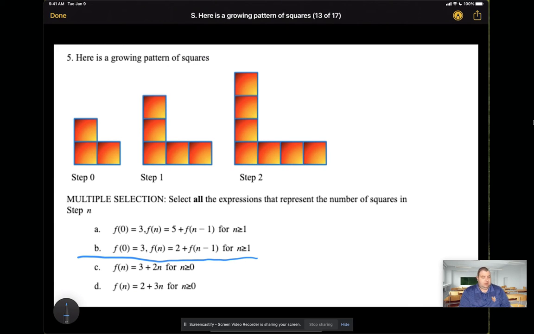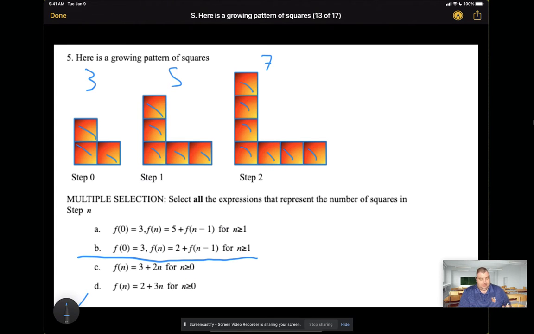So if I look at the numbers here, it looks like I start off with 1, 2, 3 squares. Then I have 1, 2, 3, 4, 5. And then I have 1, 2, 3, 4, 5, 6, 7. So I have 3, then 5, then 7.